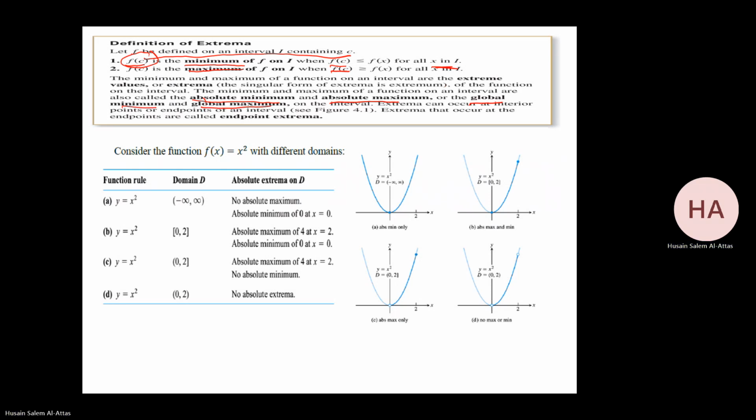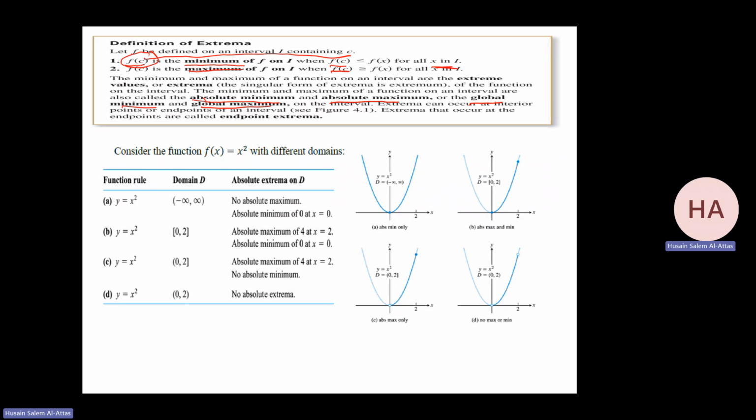So the idea, the absolute minimum will be the smallest value over the full interval, and the absolute maximum will be the highest value, or the largest value over the full interval.